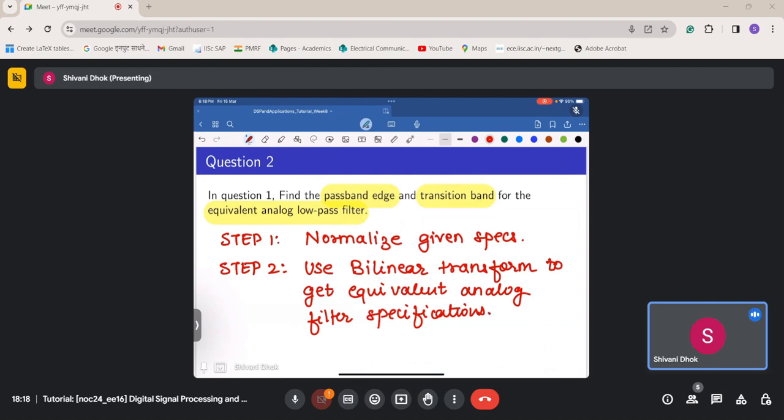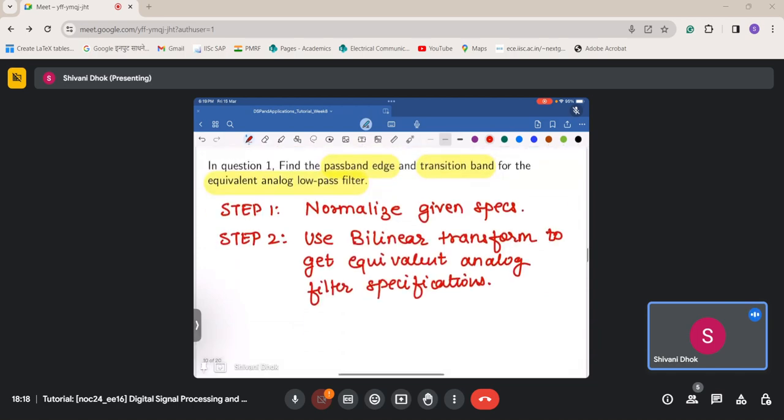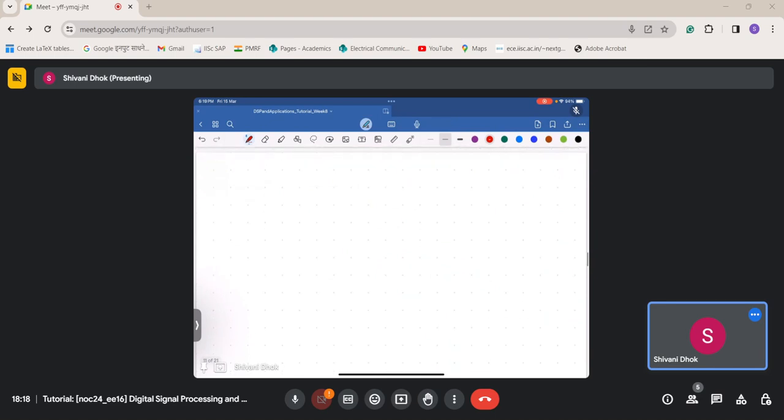Okay, so this is what we have. Fine. Let's start with step 1. Step 1 is normalize specs.